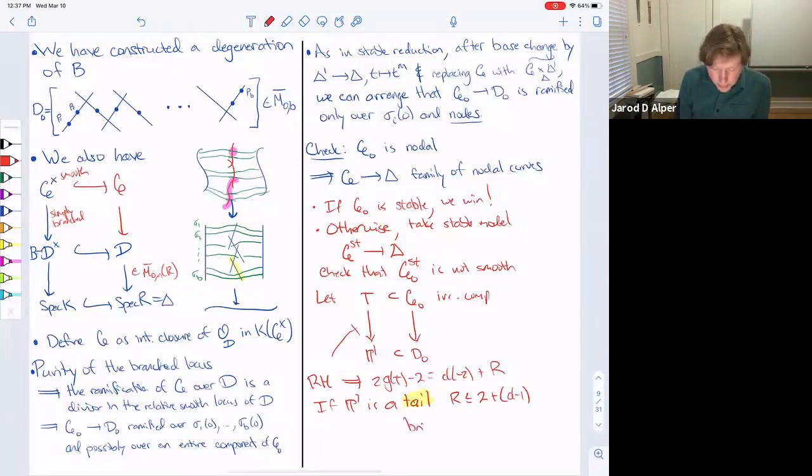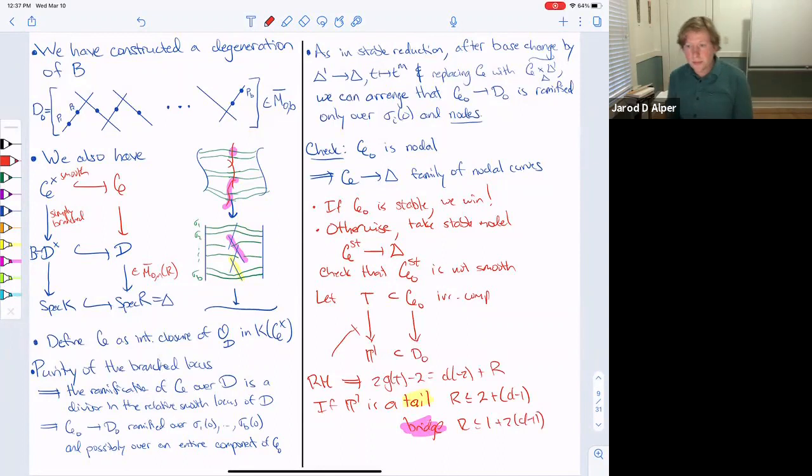In the second case, if it's a bridge, maybe this middle one here, then there's only one section, but there are 2 nodes where it can be fully ramified. But in either case, this is the greater number here.